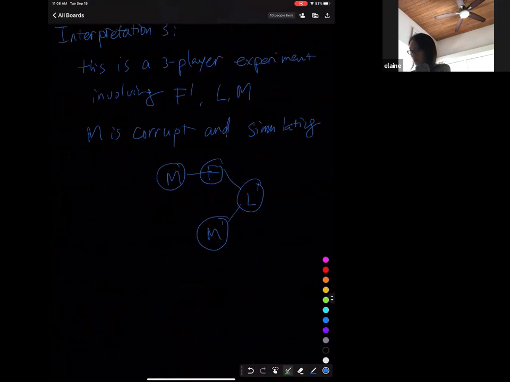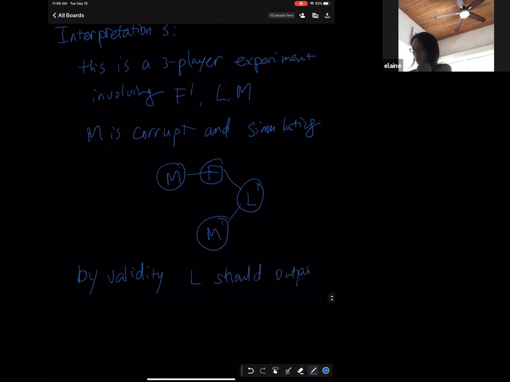But in our system model, we just had one designated sender, right? By validity, L should output F prime's input bit 1.